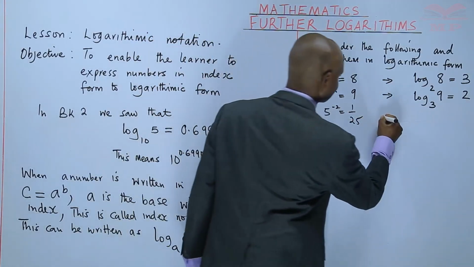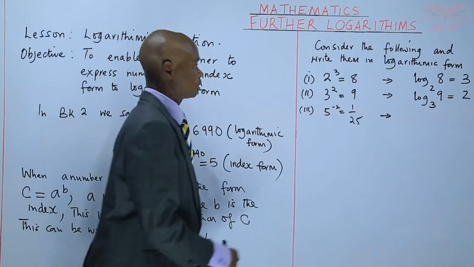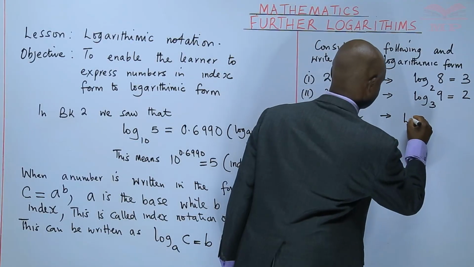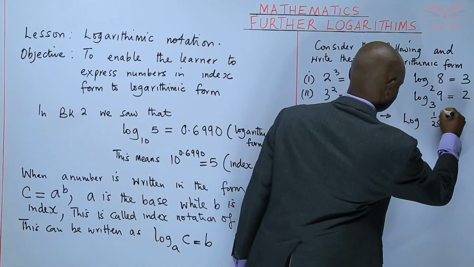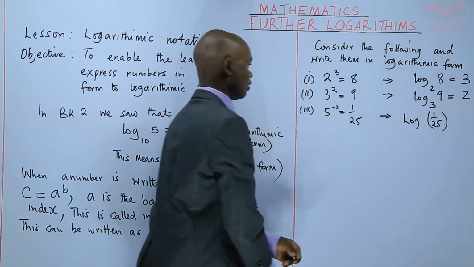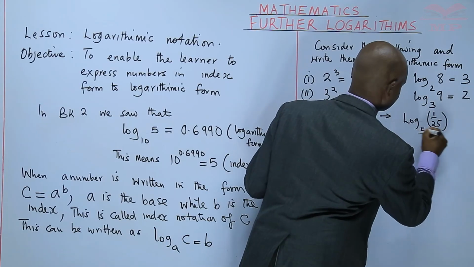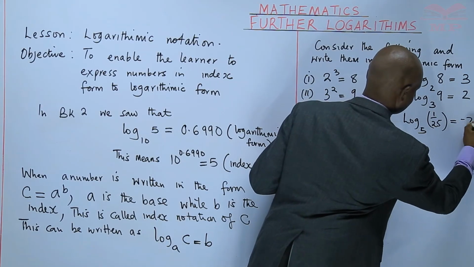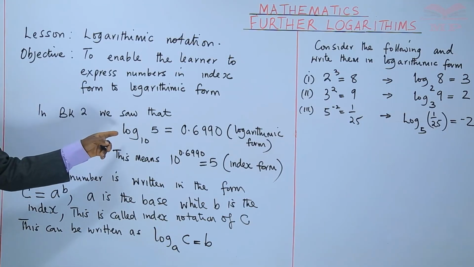The last one will be the log of 1 over 25 to the base 5, which should give us -2. You can see the relationship here. If you can grasp the relationship here, it's very easy.